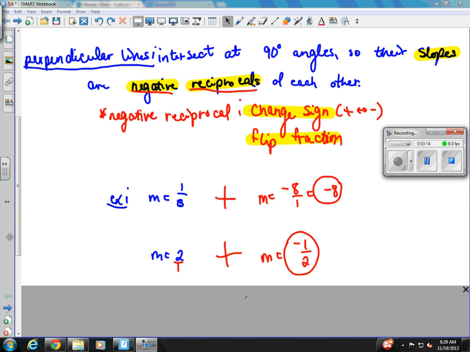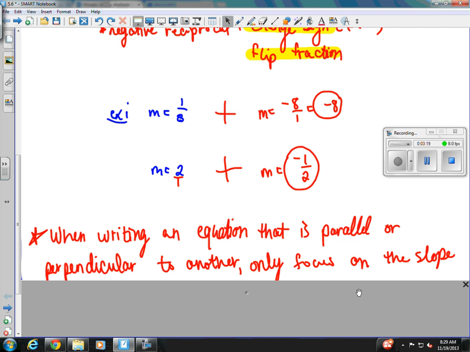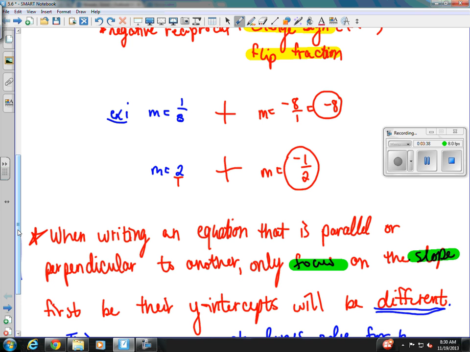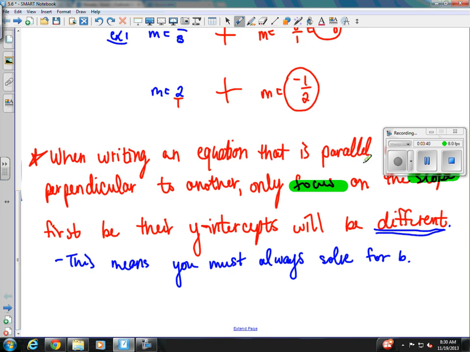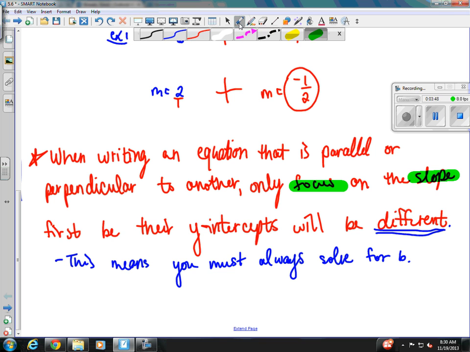When dealing with parallel and perpendicular lines, we must remember that we only focus on the slope. So when writing an equation that's parallel or perpendicular to another, only focus on the slope, and that's because their y-intercepts will be different.